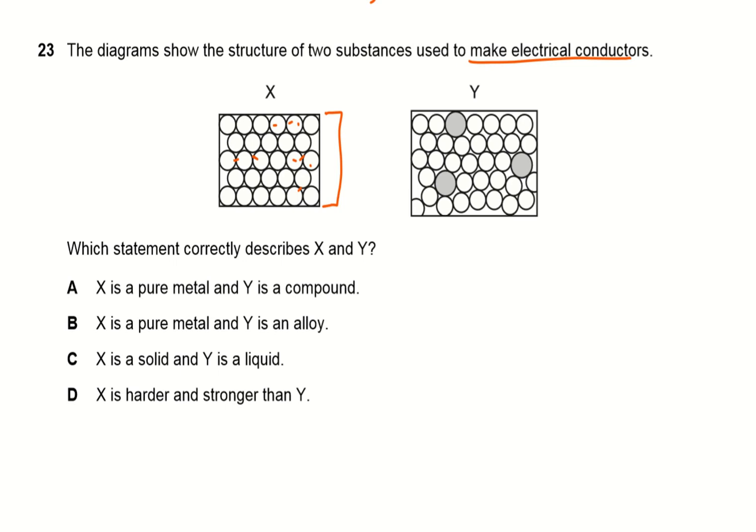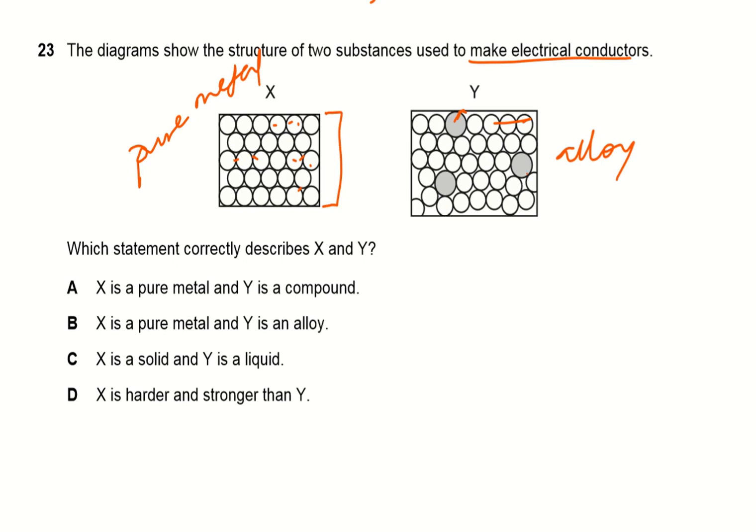Okay, good. Now the second part. This is metal, but you can see this is different from others. So this looks like the diagram representing alloys. This is pure metal. Pure metal contains the same elements arranged in a lattice, and they conduct electricity, so that makes them pure metal. The fact that this conducts electricity and is in lattice form means it's metallic, but it's an alloy.